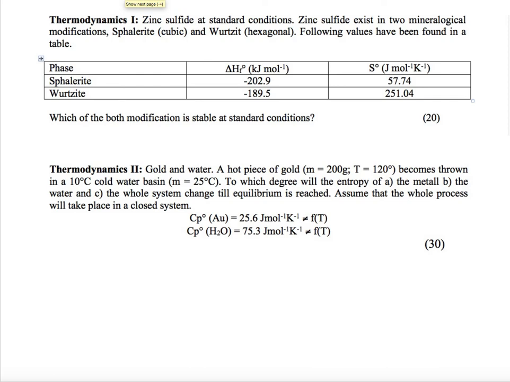And I have again to mention the mass of the water bath is 25 grams and not 25 degrees Celsius. That is a Cp function which you need for this calculation. You don't know the function by now, but you can study this in the textbook Mineralogical Thermodynamics.